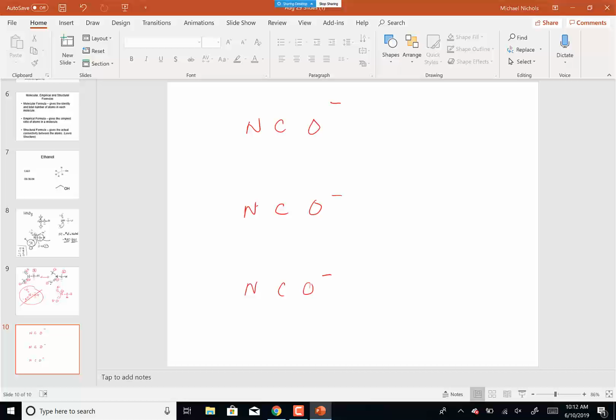When you get your structure together, put your formal charges on the atoms.